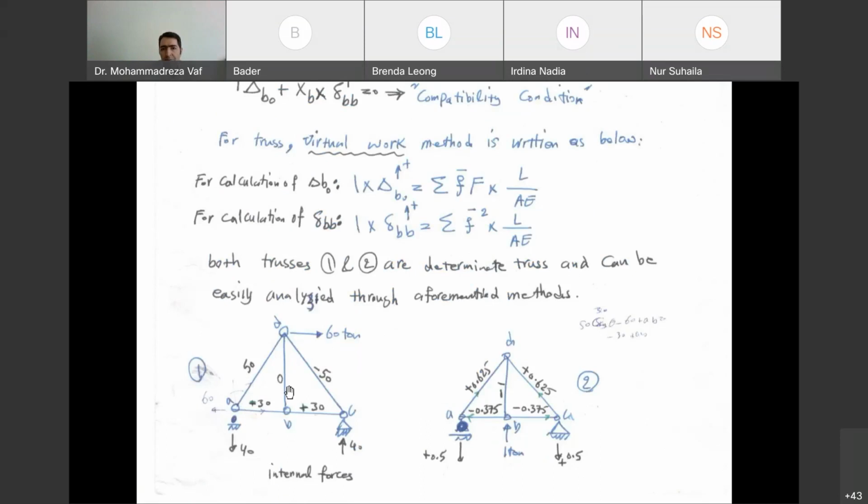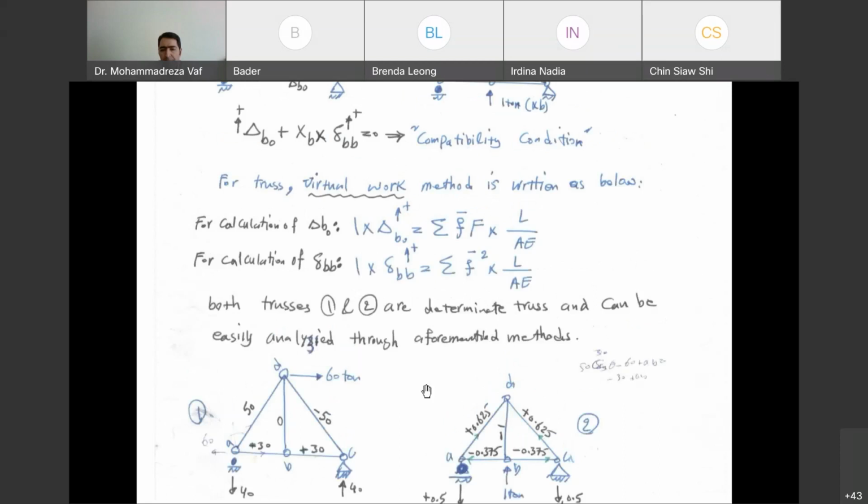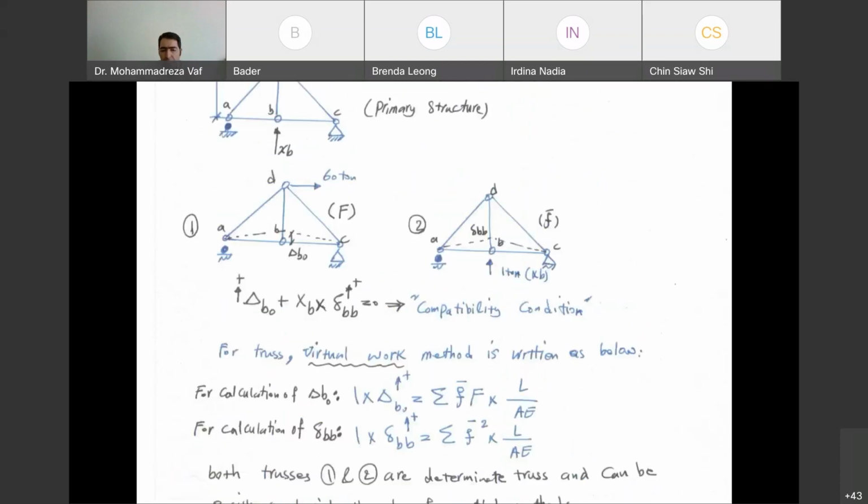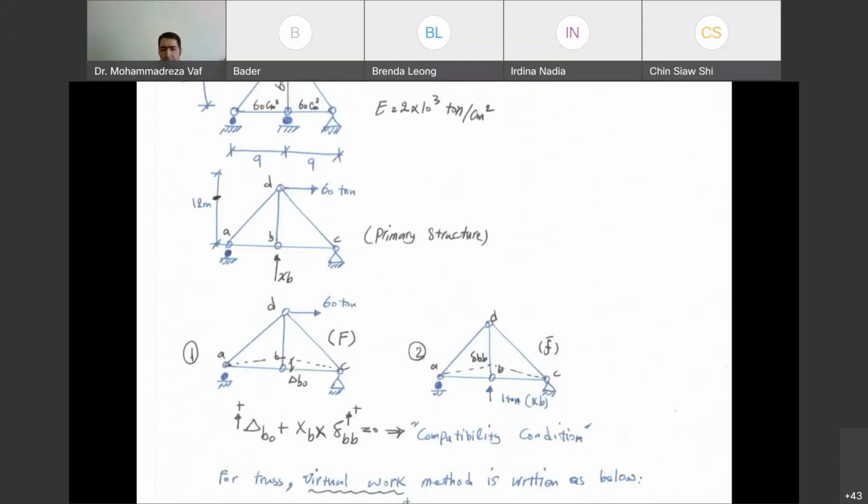Any other questions? Yes. In the previous lecture video, you mentioned that internal indeterminate structures will collapse when one member is removed. Can you explain more about that?